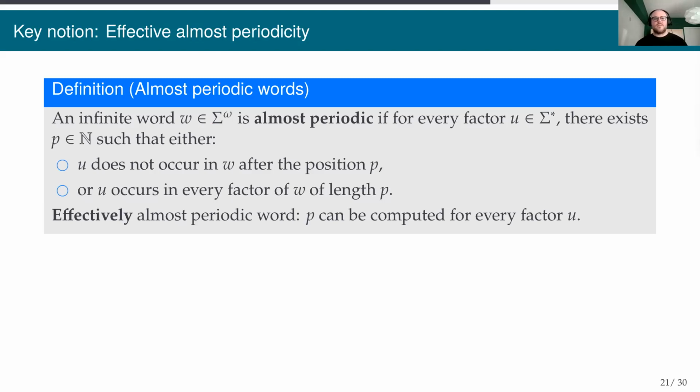An effectively almost periodic word means that you can compute the number of occurrences of this factor if it occurs only finitely many times, or the longest gap between two occurrences of this word. Any ultimately uniformly recurrent word is going to be almost periodic by this definition, but you're allowed to have some kind of prefix that only appears once, for example.